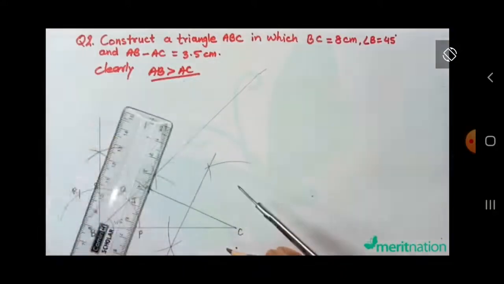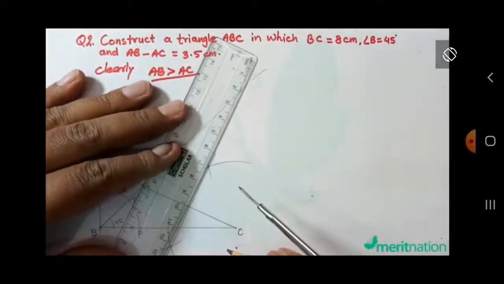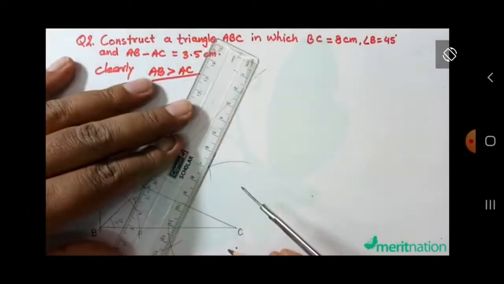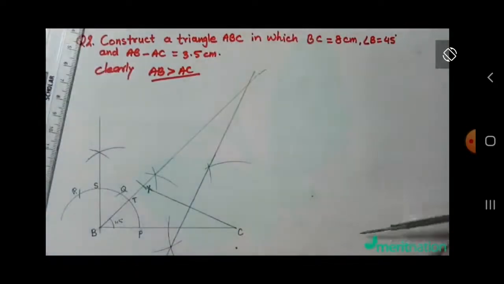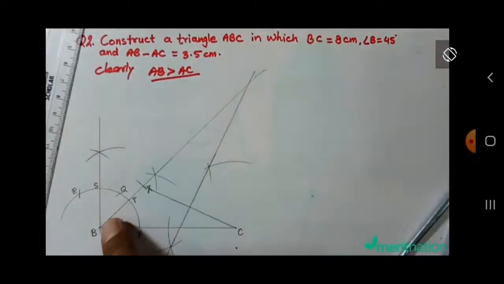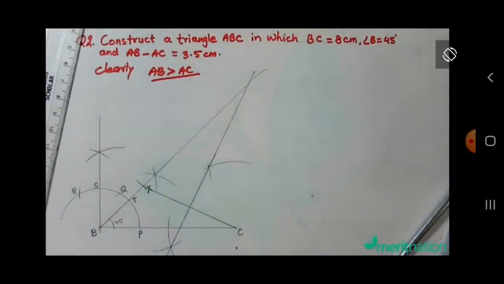Okay, and I must extend this perpendicular bisector so that it will intersect this previous line. See, I have extended this perpendicular bisector so that it can intersect the line BX at some point. I have got a point there.